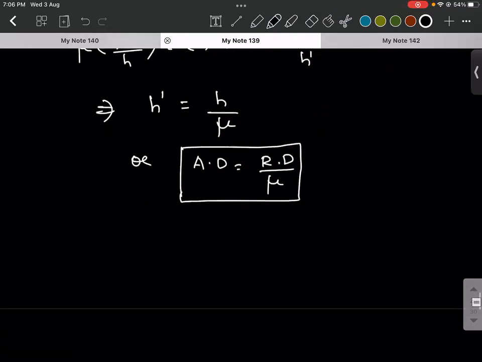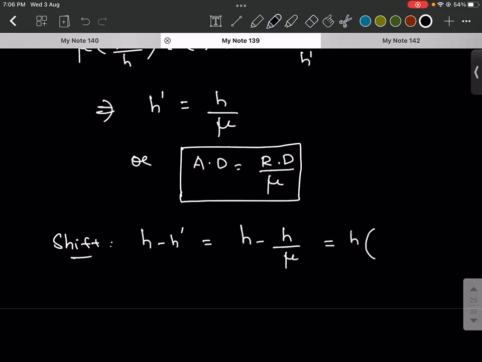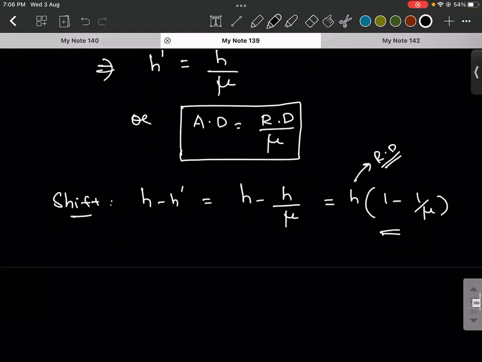So from this, what can I say the shift is? Shift is H minus H dash, that is equal to H minus H divided by mu, which will be equal to H into 1 minus 1 divided by mu. H is the real depth. It is thickness.